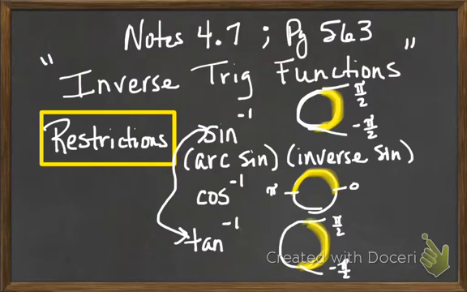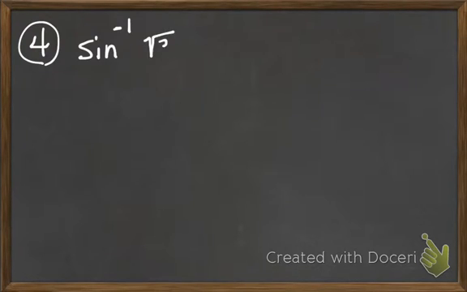Alright, the first set of directions say find the exact value of each expression. Anybody still copying? Alright, so this is the first time you've ever seen this symbol before. And it's inverse sine. And then there'll be a value after that.